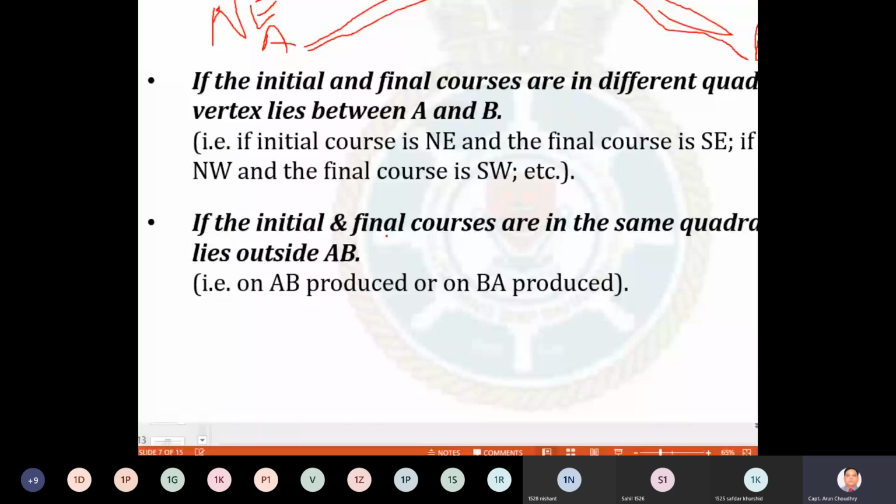Now the second condition. Let's say this is A, and this is B. Actually, I made the wrong place as B. Let's say this is B here.